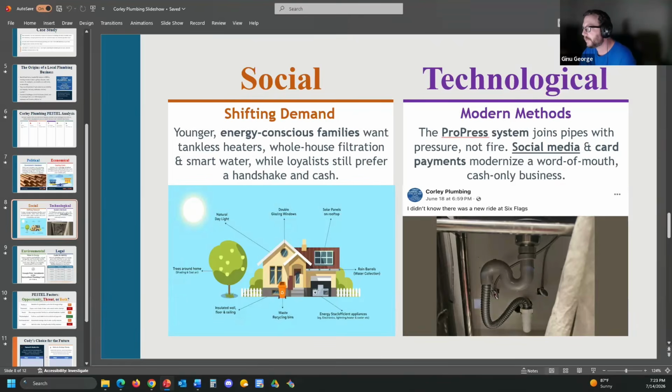Tell your neighbors about this plumbing company. You see, I'm pointing to my screen like you can see where I'm pointing. You see here, I didn't know there was a new ride at Six Flags, right? He's jumped on, I assume this is Facebook or Twitter or something, X as it were. And so he's trying to build a new brand awareness. That's technological change.